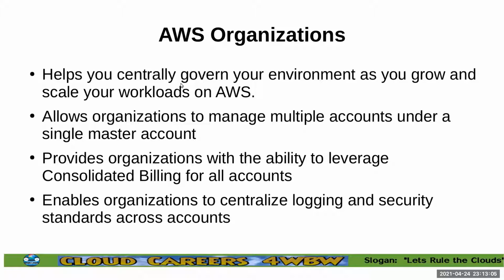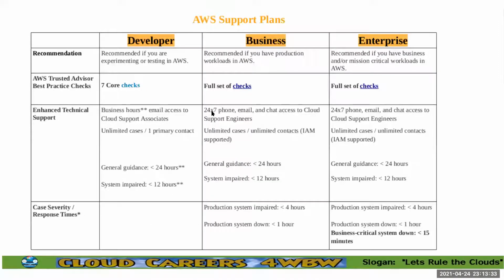So if you have so many accounts, the first thing is AWS Organizations helps you to have one single master account, and the billing will come through that account, or payment, I should say, is paid under that account. And then the consolidated billing also enables organizations to centralize logging and security standards. So it's a very important service that everyone should capture.